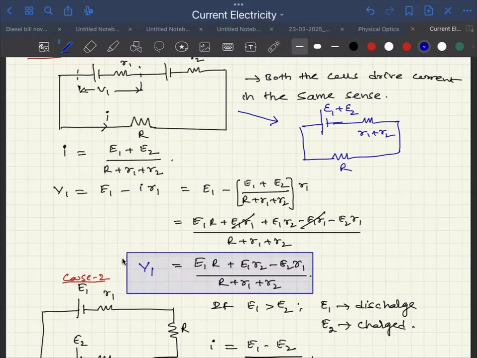Similarly, you go with V2. What you will get as V2, looking at the form of V1, is E2 capital R plus E2 small r1 minus E1 small r2, divided by capital R plus small r1 plus small r2. If you know one, you can write the other.